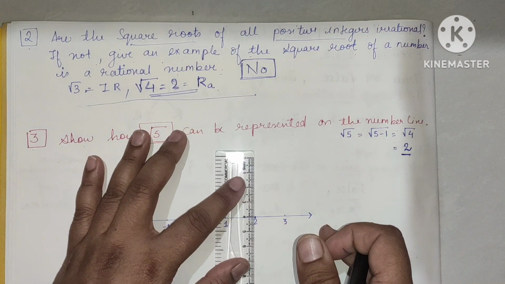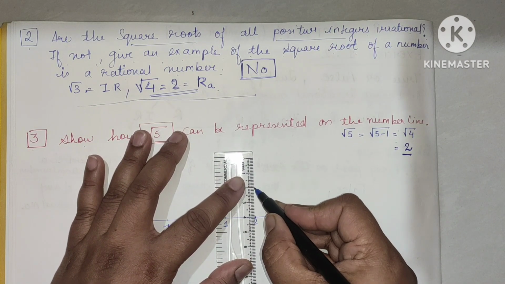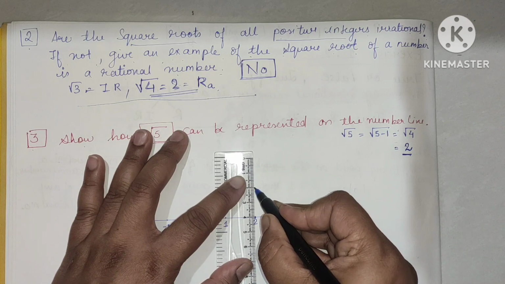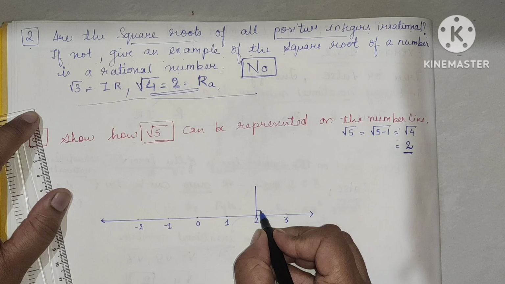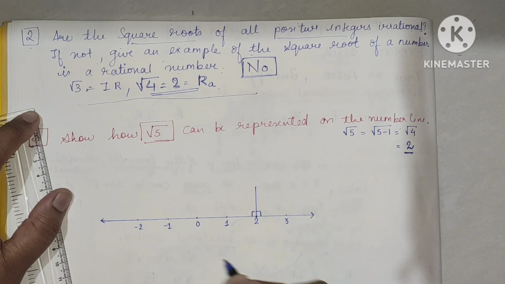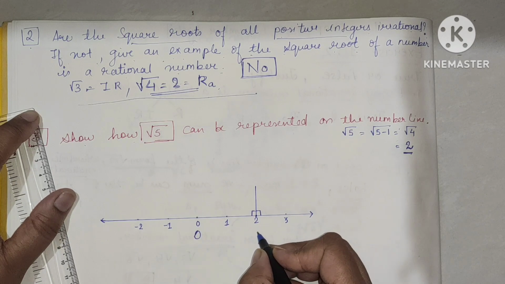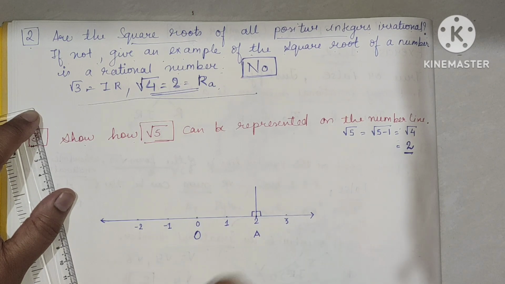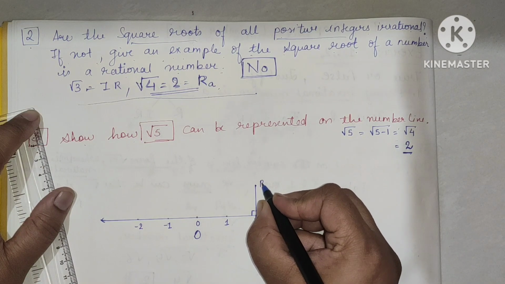Then I'll draw a perpendicular line of 1 unit distance at 2. This is a right angle. Labeling this point as A and this point as B.